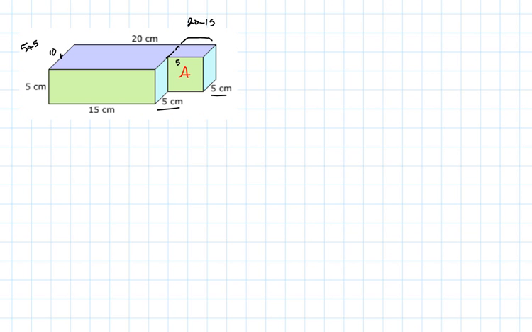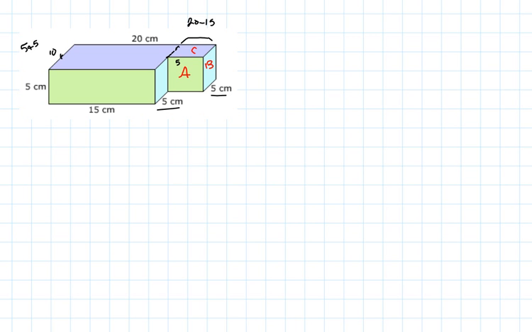For the smaller cube, let's say this is A, B, and C. C is the top and the bottom, A is the front and the back, B is the right and the left. Somebody might say, well, it's a cube, so it's just 6 faces times the area of one face. That's also fine, but I'm just going to do it the long way in this video.